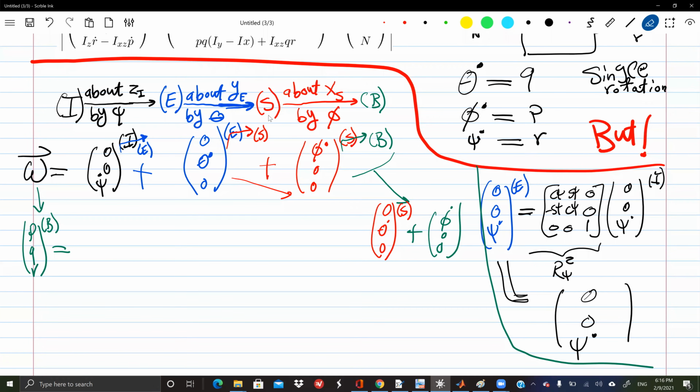And to transfer something from the S frame to the body frame, I need to multiply by what? The rotation matrix about x of s by phi. Exactly. So this is R phi x. Now the result after the multiplication will be in the body frame. So I'm good. Okay.